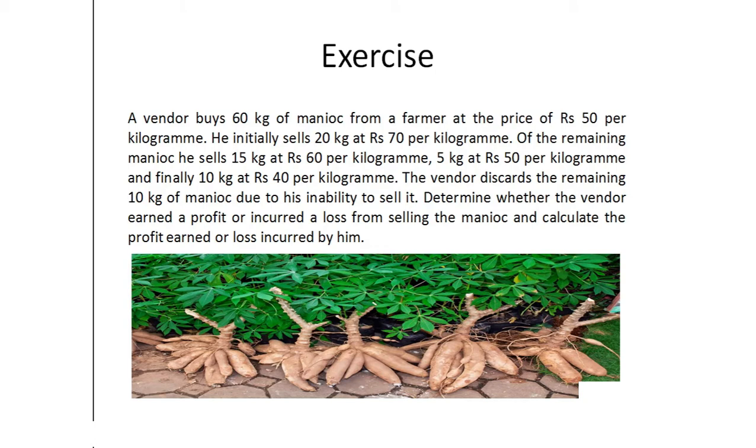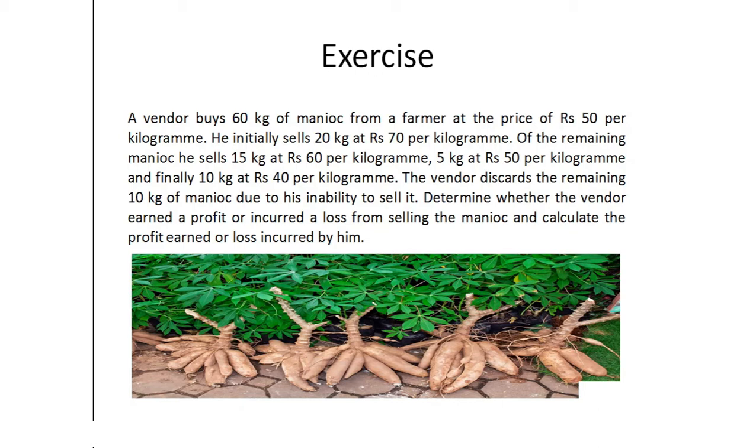Now we are going to discuss the question. A vendor buys 60 kilograms of manioc from a farmer at the price of 50 rupees per kilogram. He initially sells 20 kilograms at 70 rupees per kilogram.